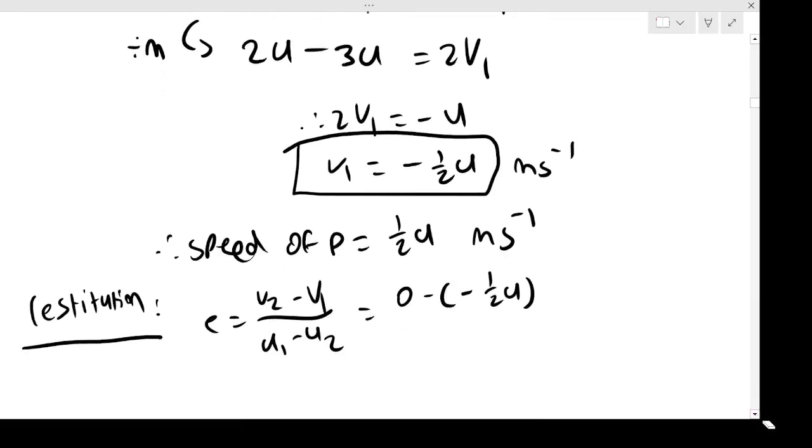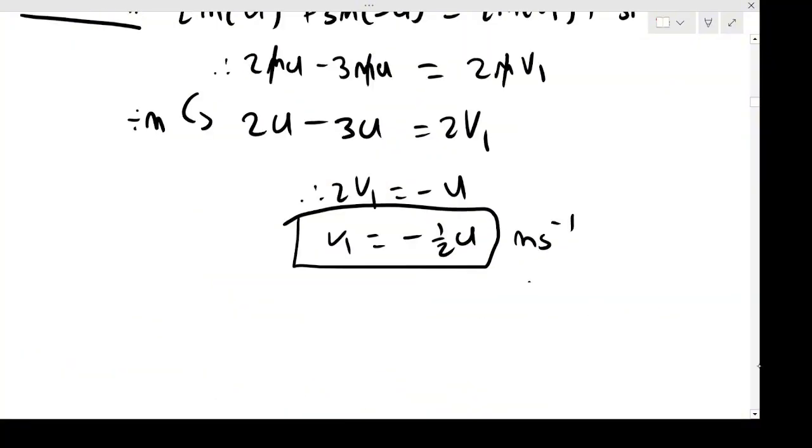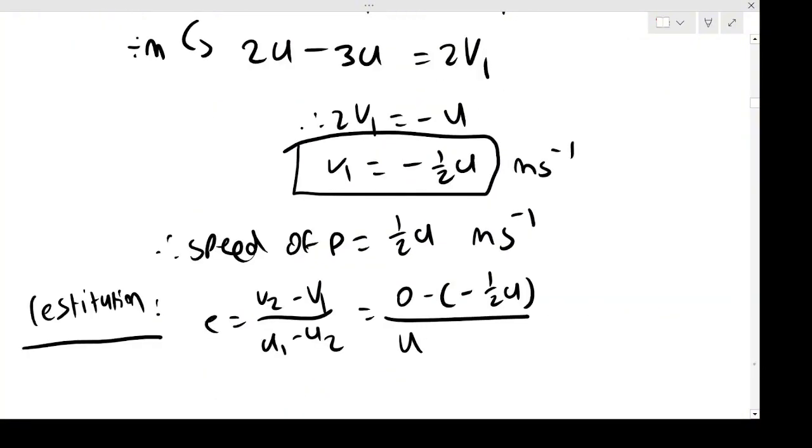Anyway, so there we are. Then U1 take away U2. Well, U1 is U and U2 is also U. Okay, but this U here is negative, because it's going in the negative direction, so it's going to be u take away minus u.